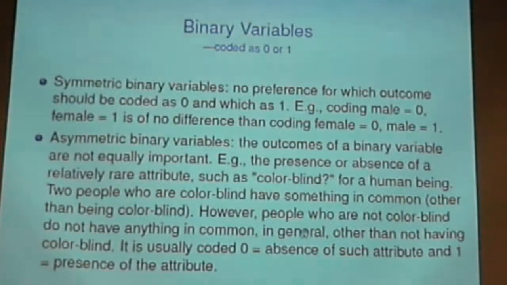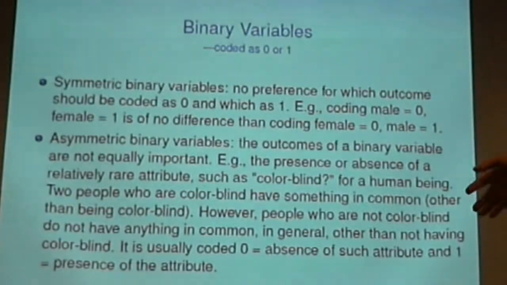So basically, in general, we usually code 0 as the absence of such a rare attribute, and 1 as the presence of such an attribute. You don't want to code the other way around. So in a sense, this is ordinal data, you may say so, right?